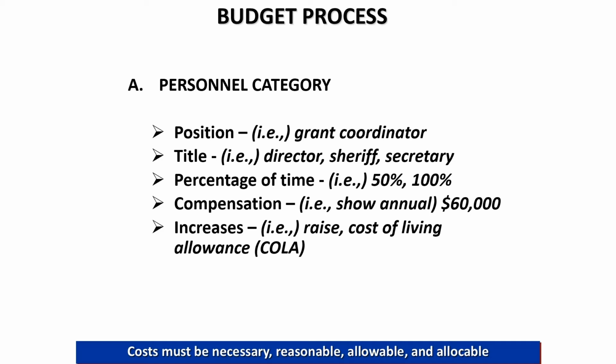Now, when I talk about percentage of time worked on the grant program, be mindful that if you transfer an existing employee over to this particular grant program, be mindful of where they're coming from and whether or not you will be required to backfill any time from where you're transferring them from, because we don't want to run into a possible issue of supplanting.